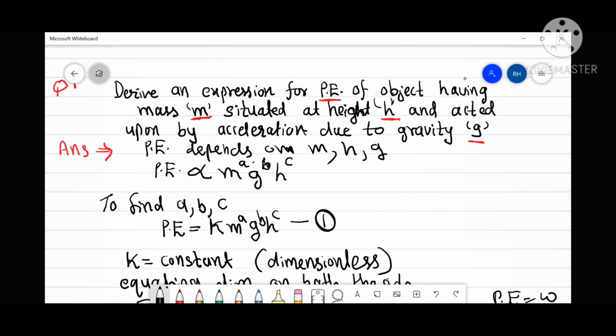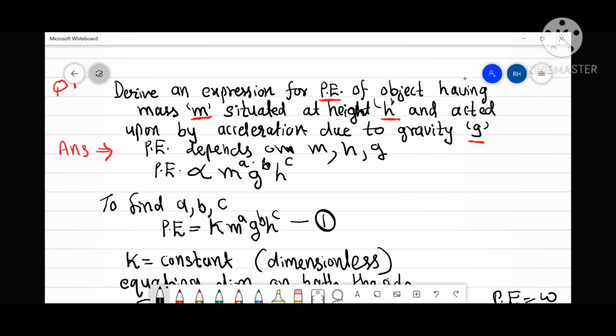It means that in this sentence, three physical quantities are given. One is the mass, second is the height, and third is the g. Now, this potential energy depends upon the three parameters according to the sentence. Then we'll write potential energy depends on m, g, h.